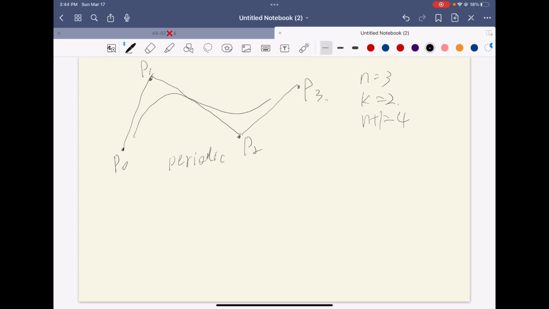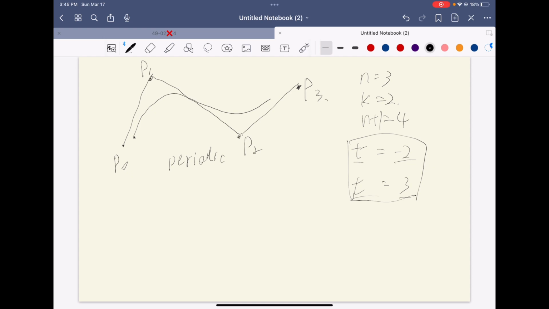You will see, because T starts from -2 and ends at 3, the start point and end point of the control points will not be on the curve. Go back to the equation: P0, P1, P2, P3 are all not on the curve.